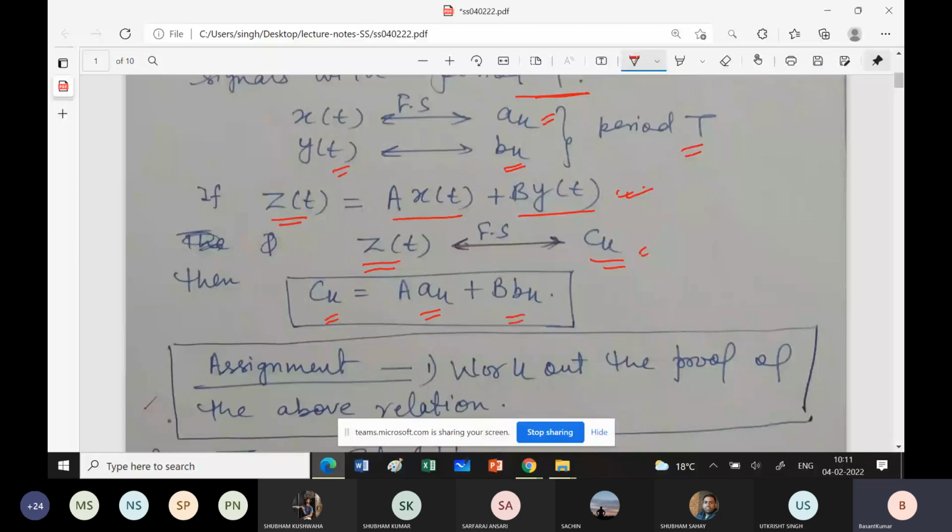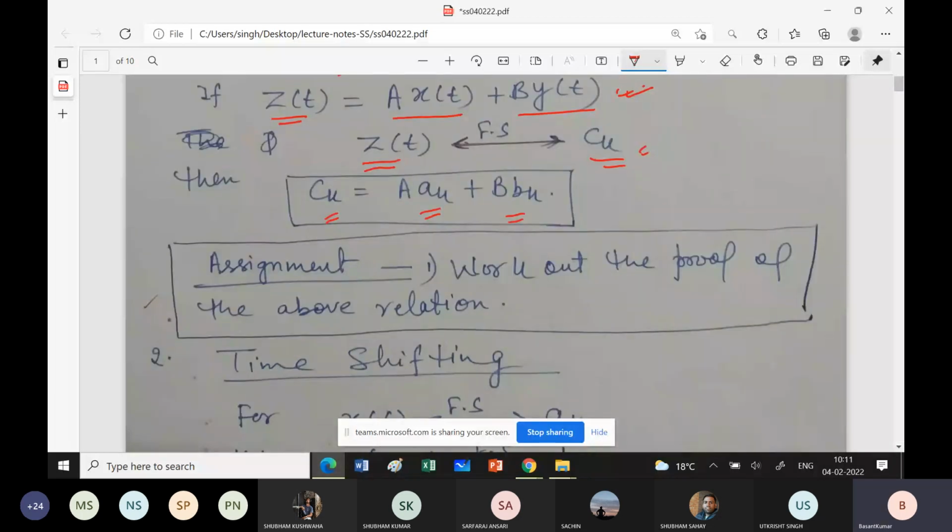So this is the relation. It appears to be very conventional, but you can just work it out if you want, and to prove this relation, if you are interested, you can work it out. Okay.